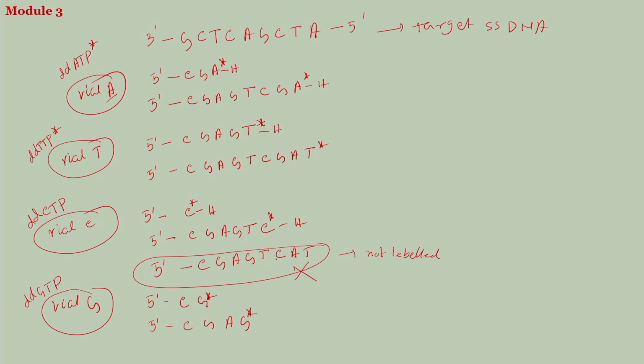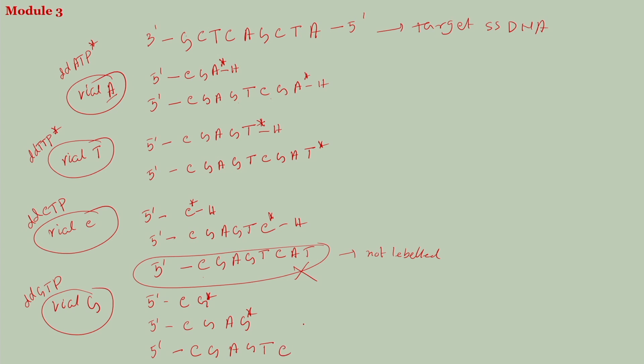No other possibility. 1 C, 2 C, 3 C. So, there should be 3 G. First one is C G, then 1 2 3 4th position, and then there would be another C G A G T C.